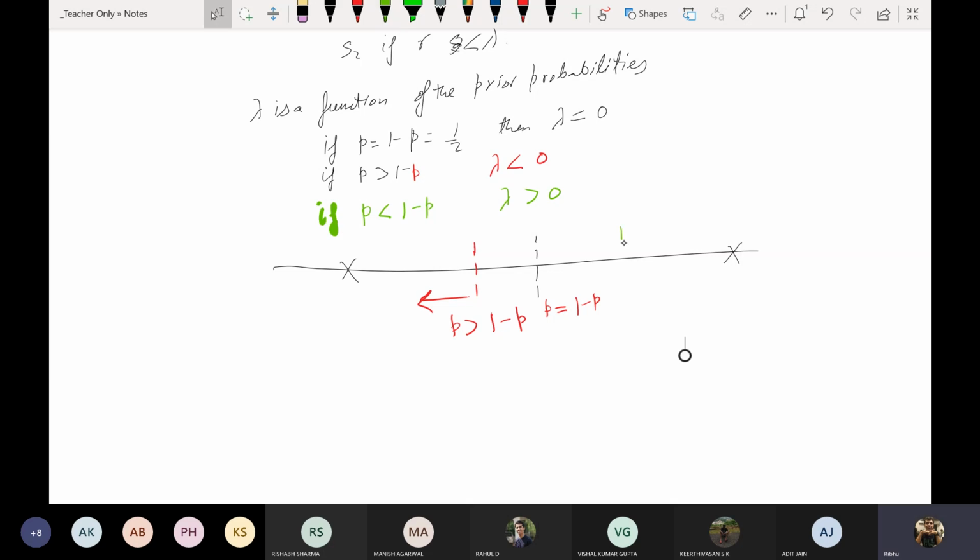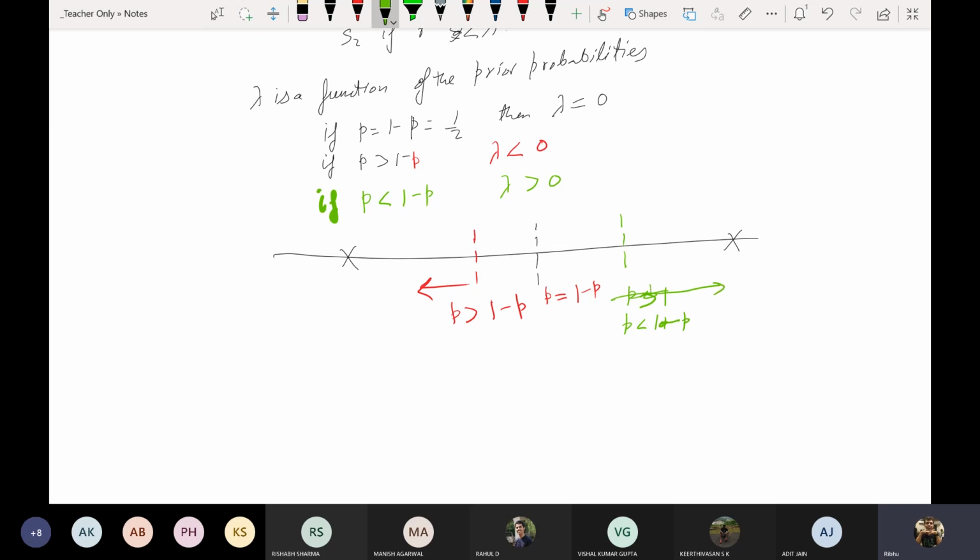And again it is obvious that as the ratio between P and 1 minus P increases, this lambda will also increase. Fine. Right?